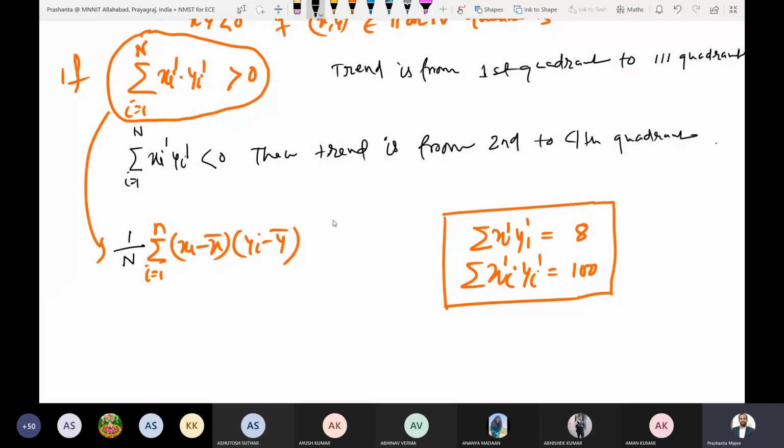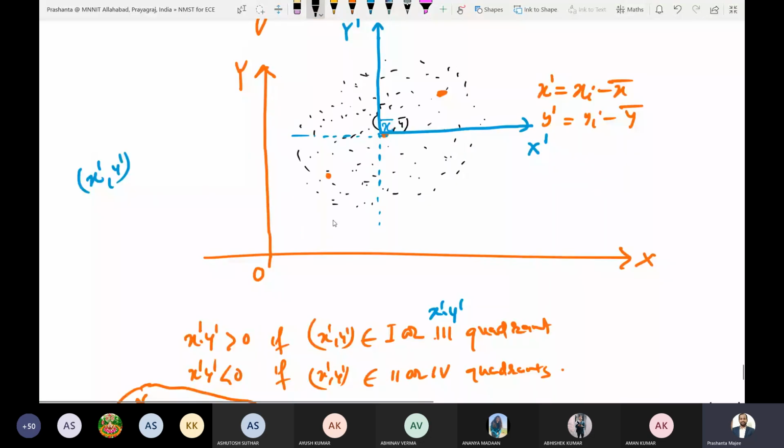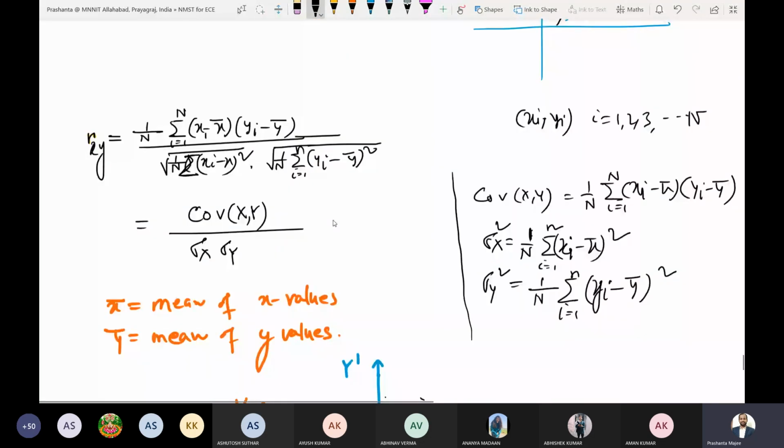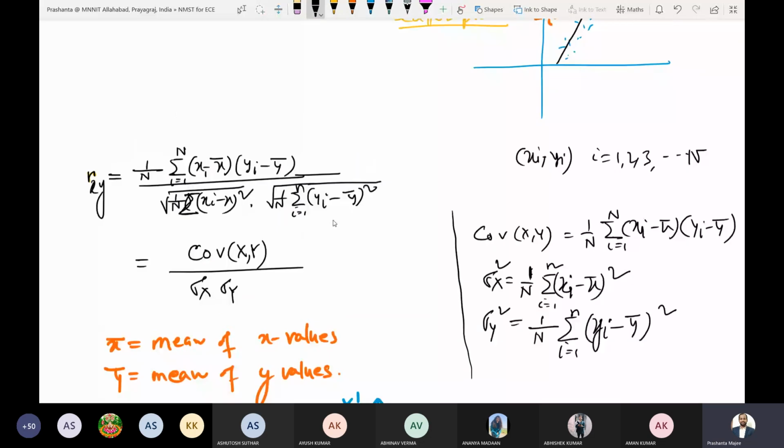So look, in the formula of the correlation coefficient, the upper part, the numerator, has come: 1 by n summation i equals 1 to n of xi minus x bar into yi minus y bar. Yes or no? Yes, sir. Now why do we use the denominator values sigma x and sigma y?